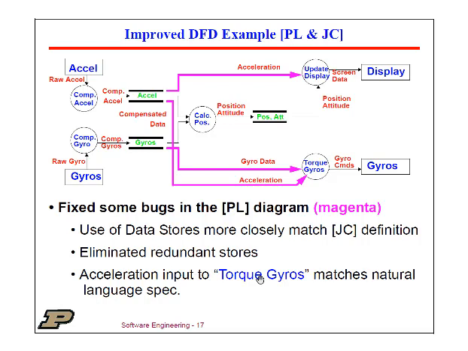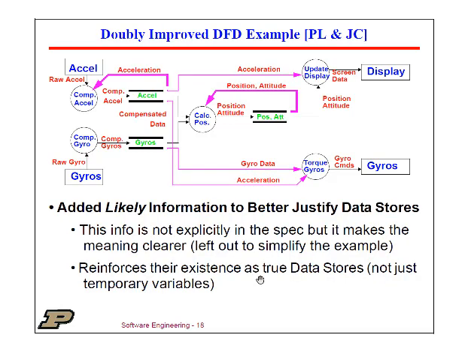These correct them. However, when you think about this, this is simplified. There's another question, which is, how does it probably really take place on an actual helicopter? And the issue here is, what is the value of those data stores? So this is what I refer to as the doubly improved data flow diagram for the helicopter attitude control system.